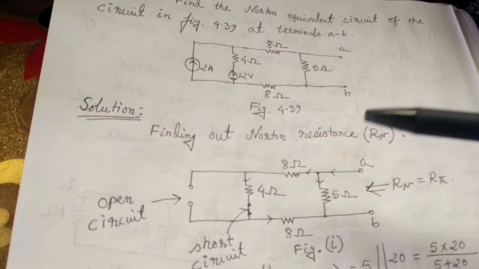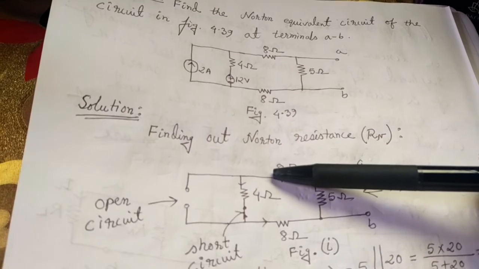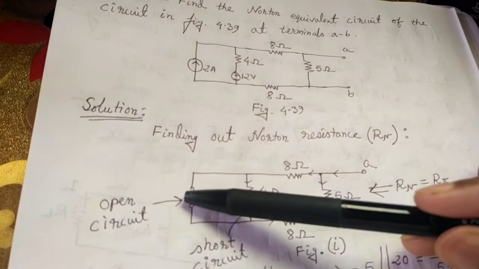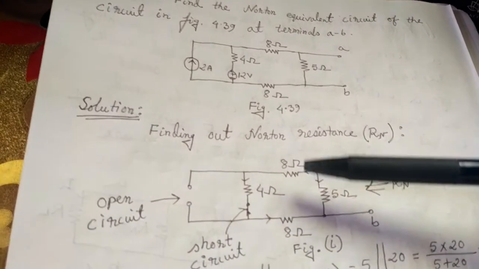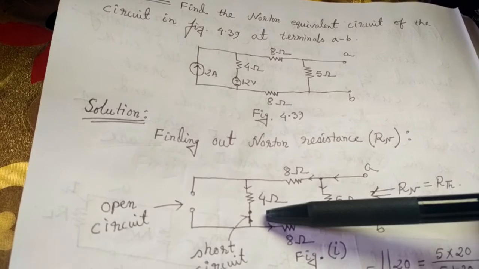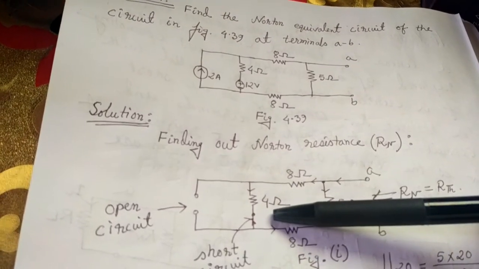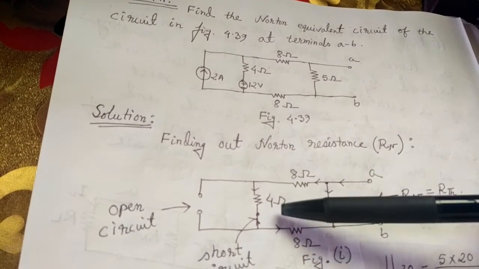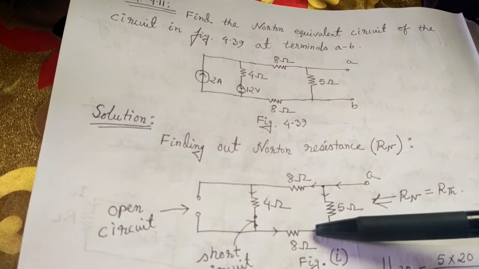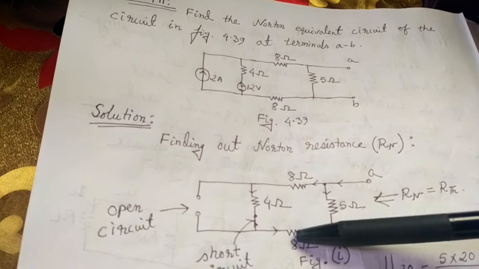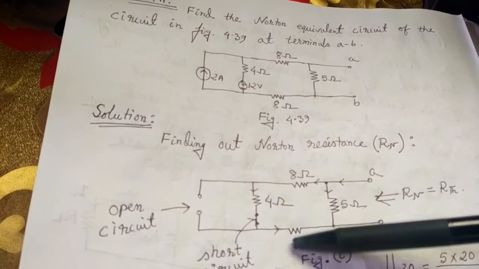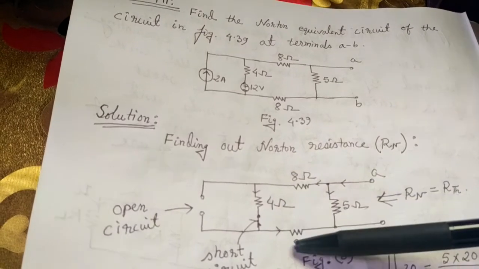You see, the current across 8 ohm is passing through 4 ohm, because this is the open circuit, so there should be no current elsewhere. So the 8 ohm current is passing through 4 ohm, and we know that if the same current is passing, that is series. That means 8 ohm and 4 ohm are in series. Again, the 4 ohm current is passing through the 8 ohm resistor, so that 8 ohm is also in series. So here 8, 4 and this 8 are all in series connection. That means 8 plus 4 plus 8.